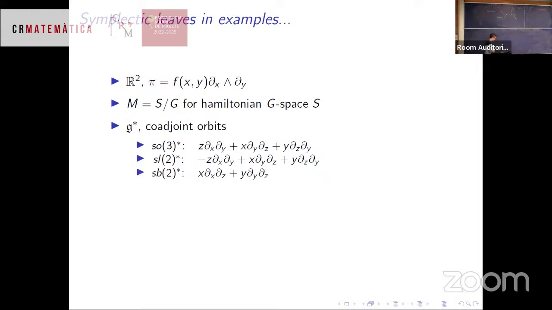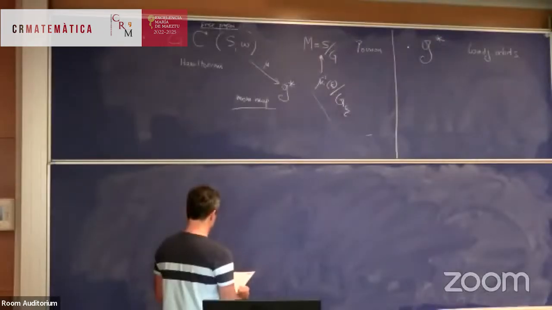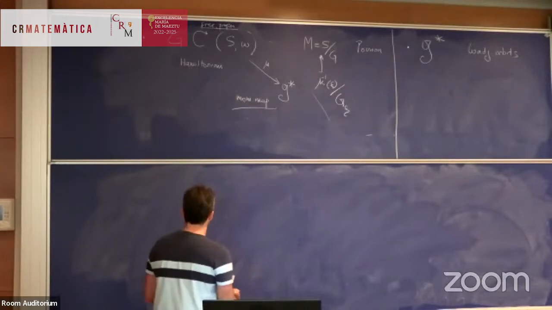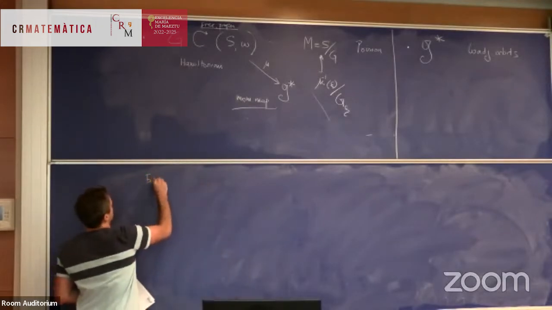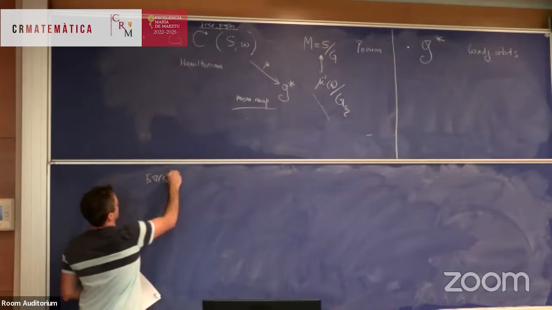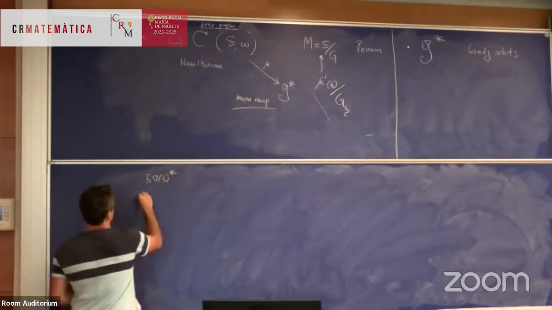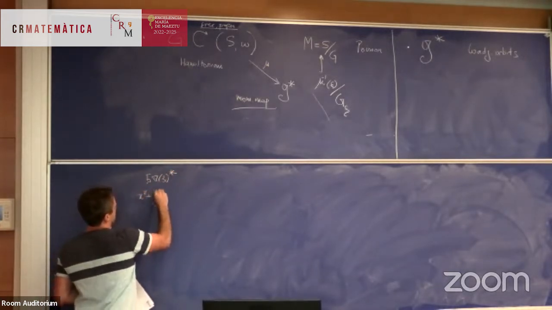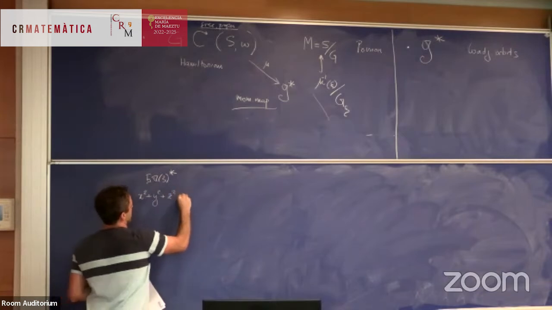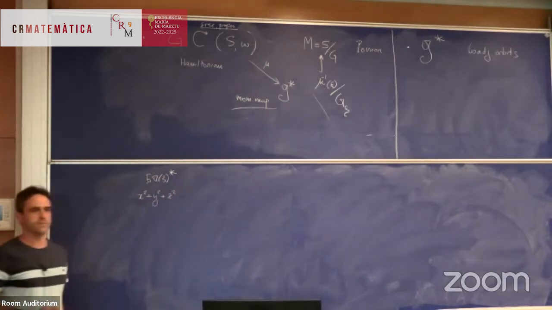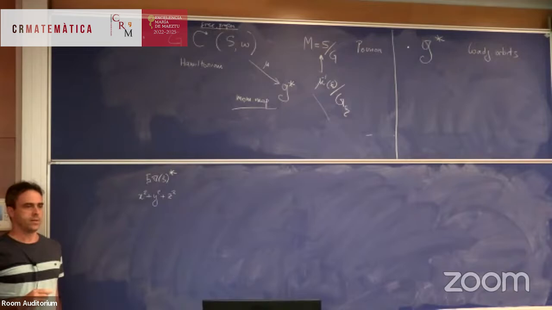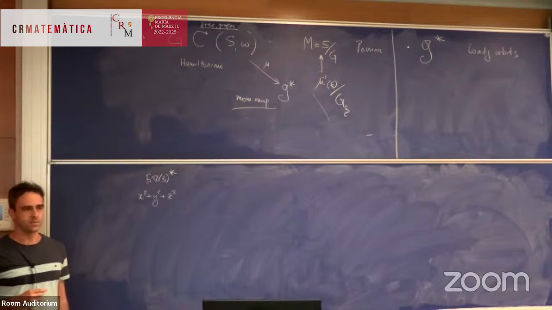So in the case of so(3), you can check that this function is a Casimir. This function has zero Hamiltonian vector field, which on the other hand means that it's constant on the symplectic leaves.